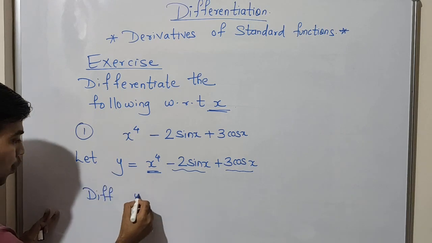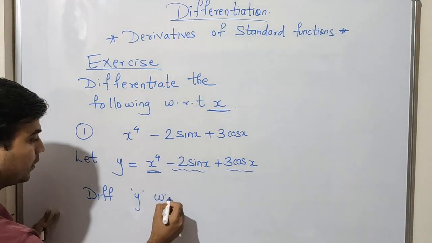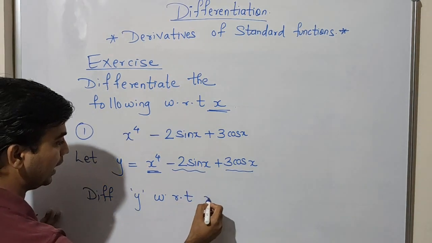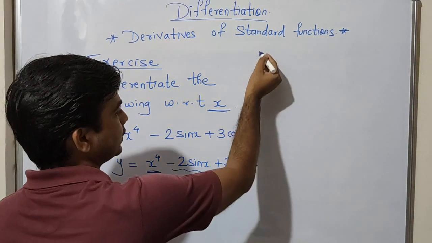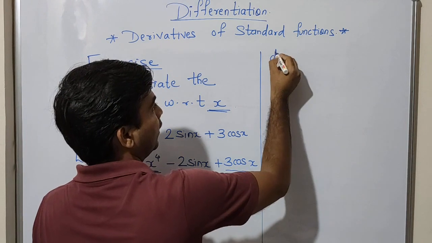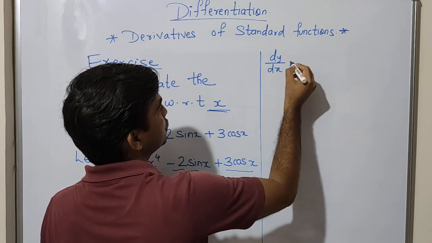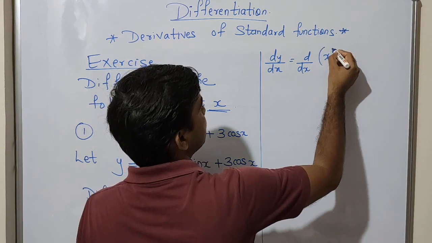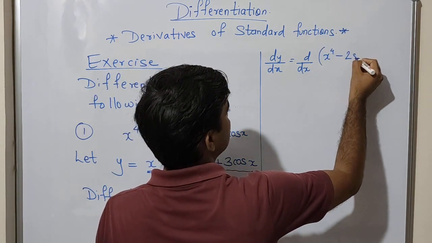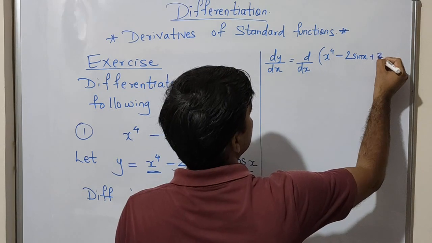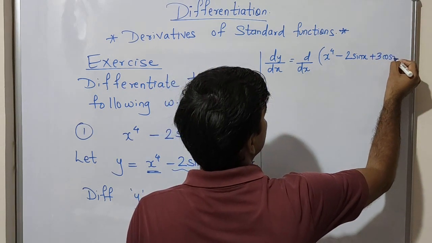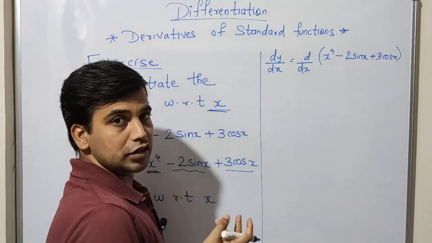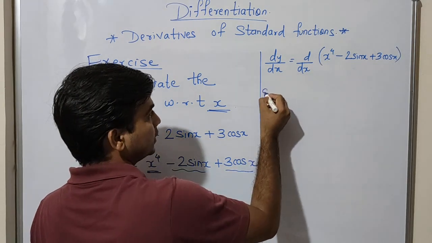Differentiate y with respect to x. So what do we get? dy by dx is derivative of x raised to 4 minus 2 sin x plus 3 cos x. Using the sum and difference rule, what can we write?